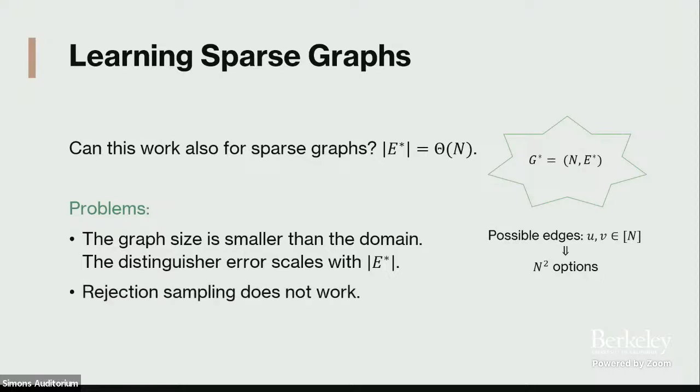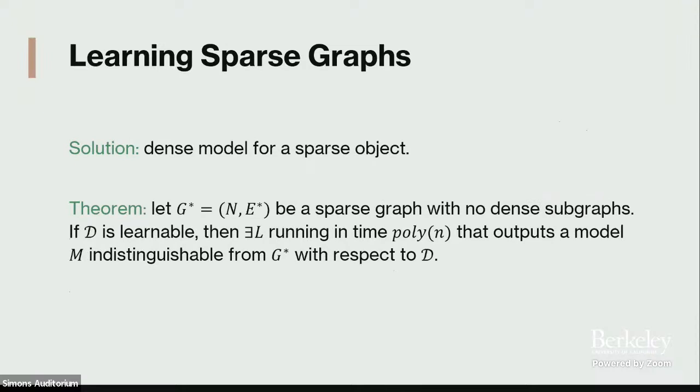But also we cannot do rejection sampling because we are in this setting where we have a huge object and we want to generate edges from it. We don't know how to generate random edges from a sparse graph based on these models. So what we do is sort of cheat: we create a dense model for the sparse graph that we get.